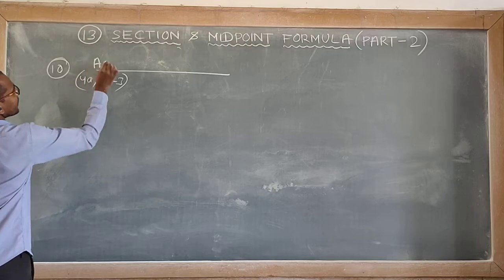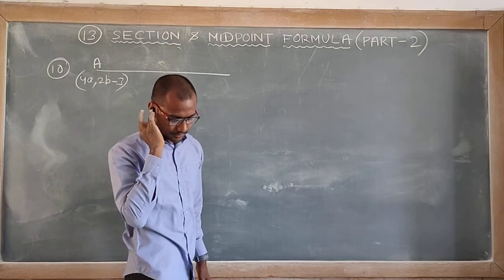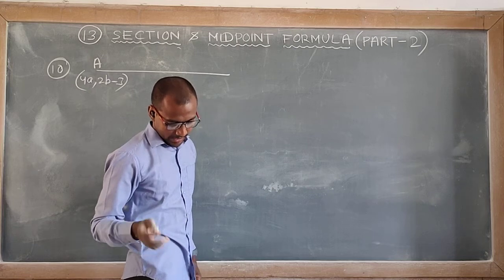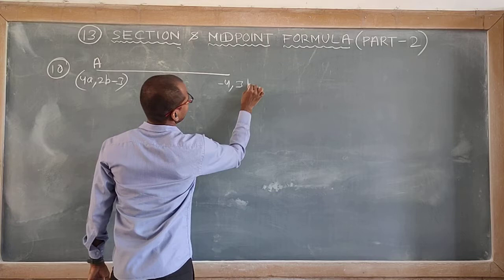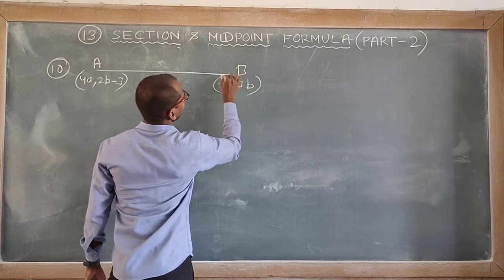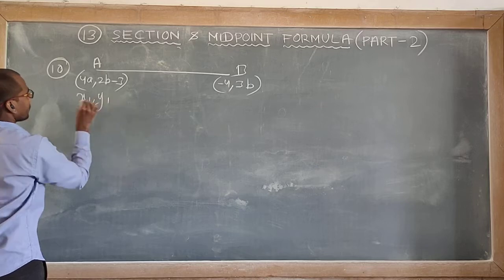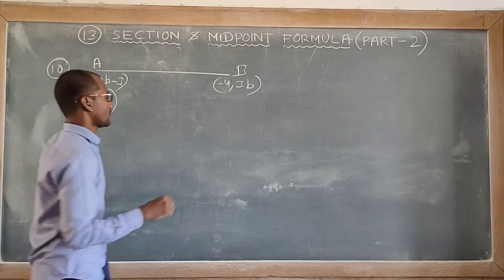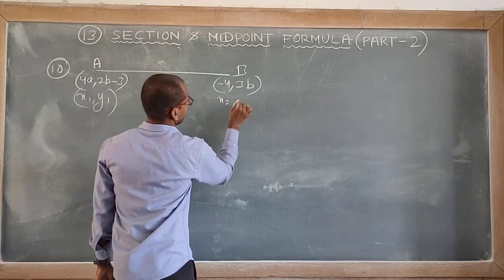Let this point be A. The name is not given, so we will choose it ourselves. This is 4a, 2b minus 3, which is x1, y1. And this is B, minus 4, 3b. You may write it or not, but you have to understand which is x1, y1 and which is x2, y2.